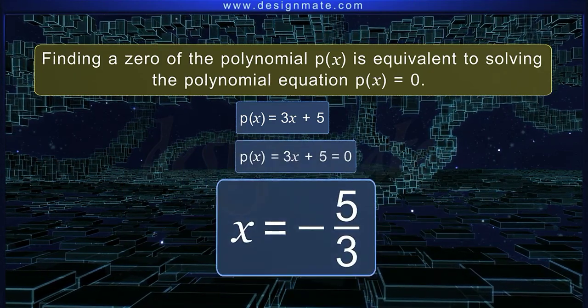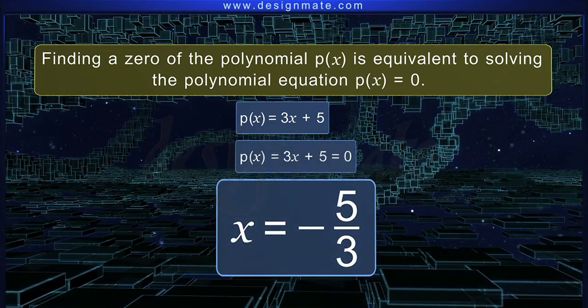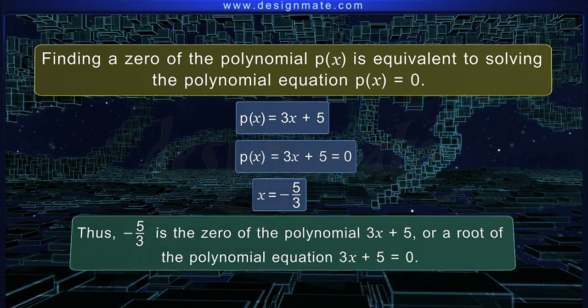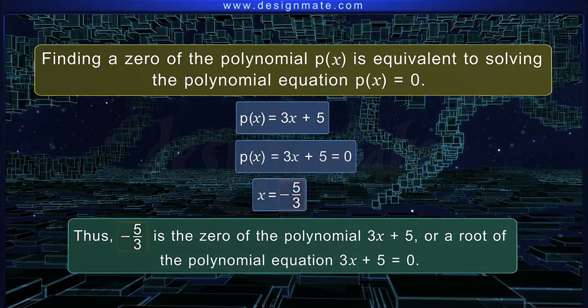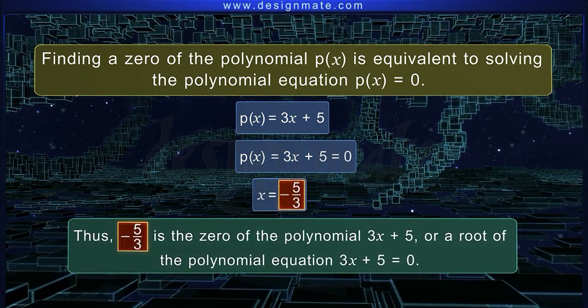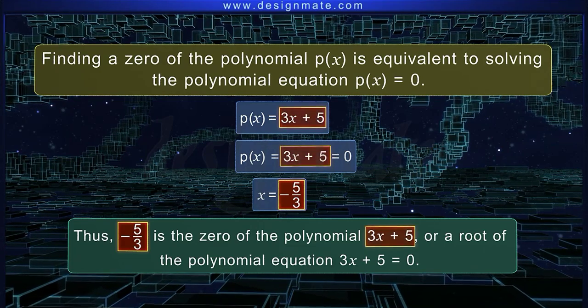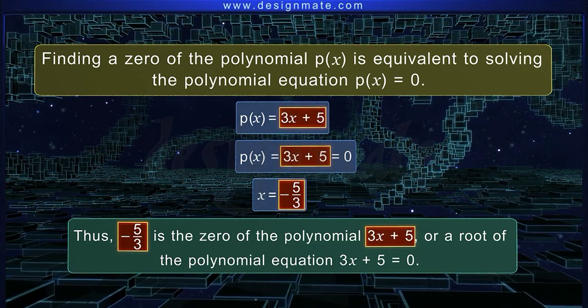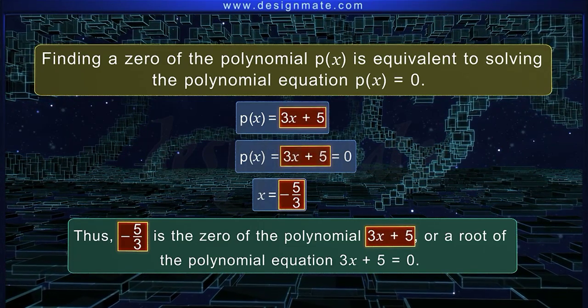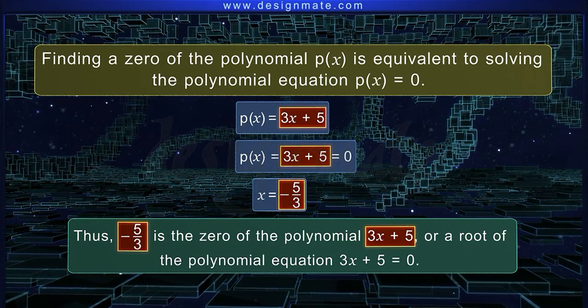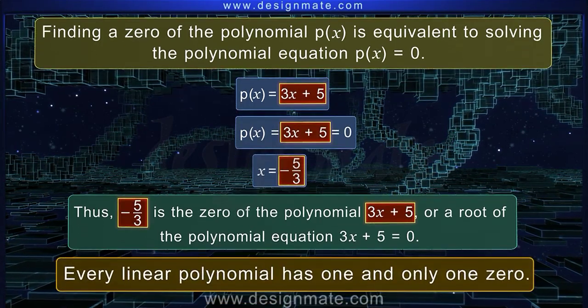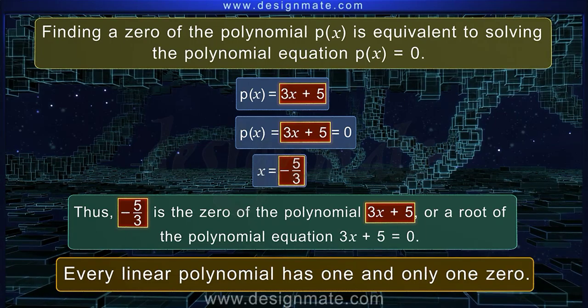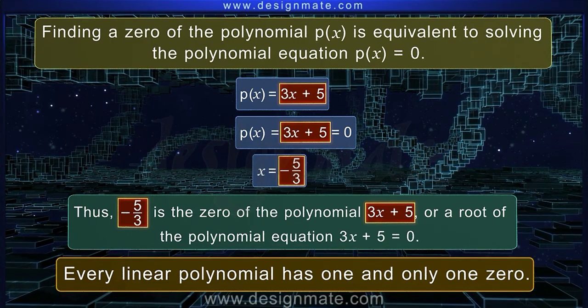We get x = -5/3. Thus, -5/3 is the zero of the polynomial 3x + 5, or a root of the polynomial equation 3x + 5 = 0. We may note here that every linear polynomial has one and only one zero.